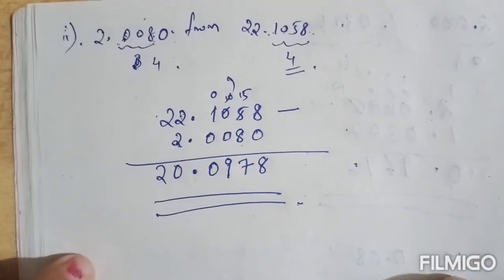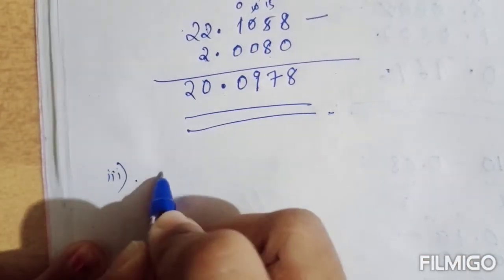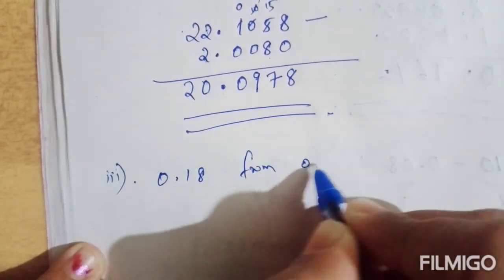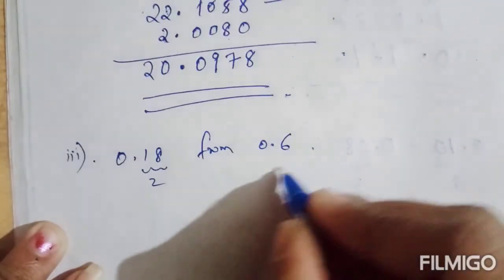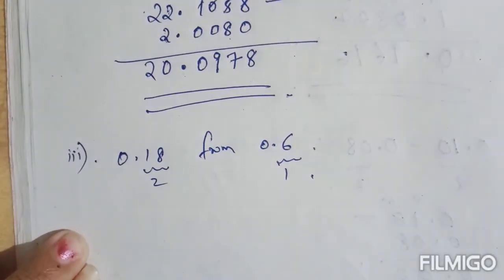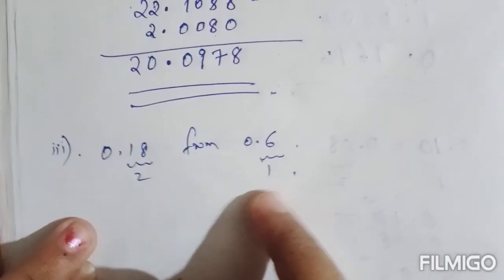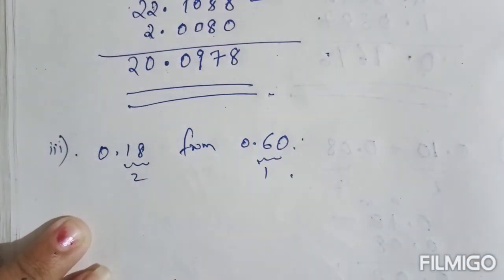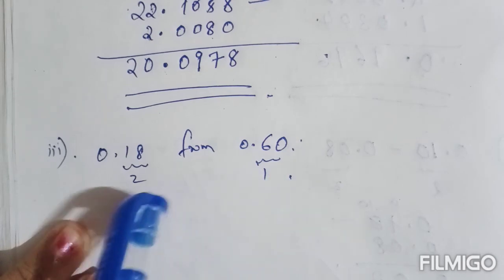Okay. Now in that third one, 0.18 from 0.6. So here 2 places after the decimal point, here only 1 place after the decimal point. So maximum 2. So here you can put 0. Okay, make the number of places in the second decimal number 2.